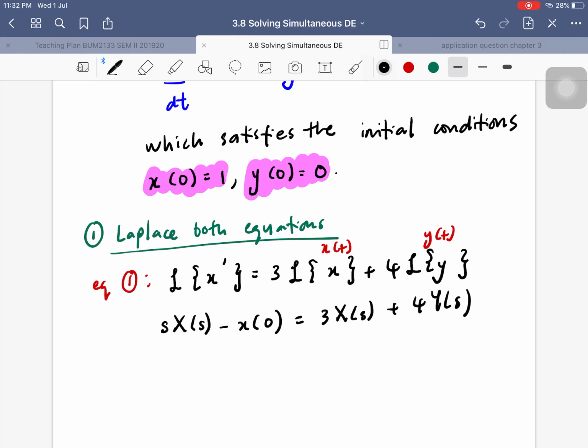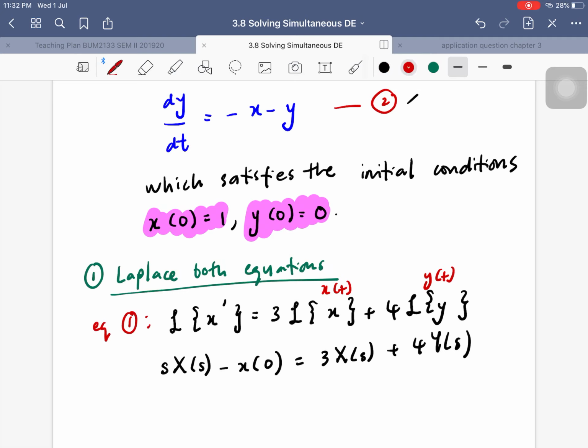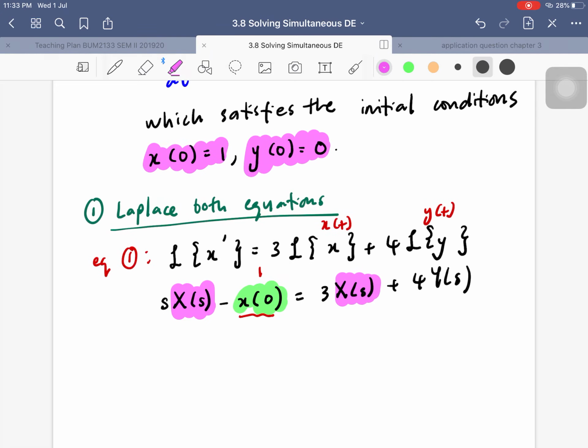And if you notice, this is a very similar idea to solving differential equations, the previous topic 3.7. After you have Laplaced each of the terms, you substitute the initial condition. So this is where my initial condition x(0) goes, and from the question, the x(0) value is going to equal 1. Whatever terms share the same variable, so this is X(s) and this is X(s) as well, you put them together and factorize them.